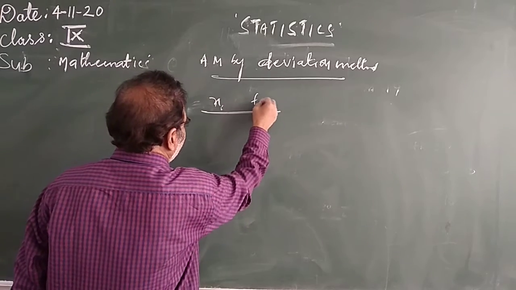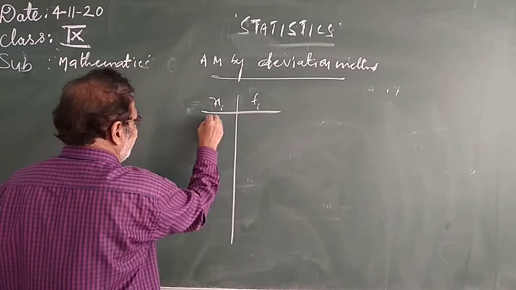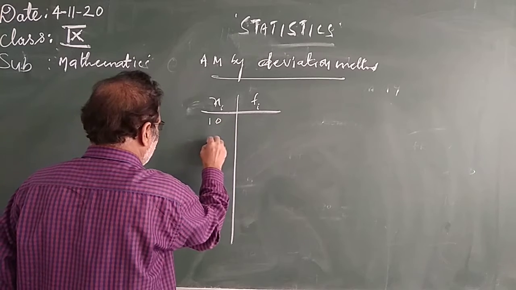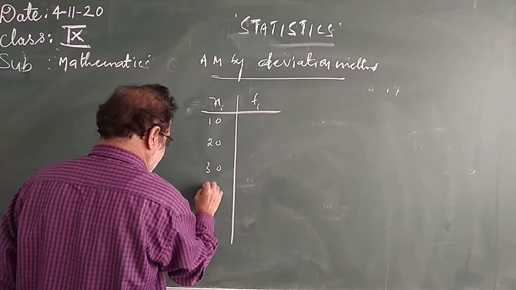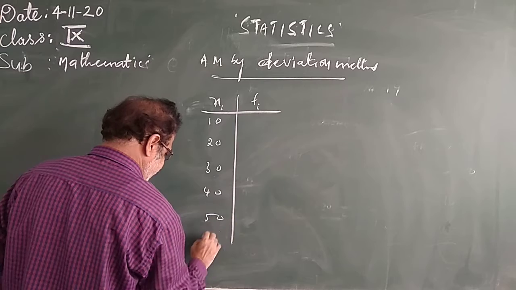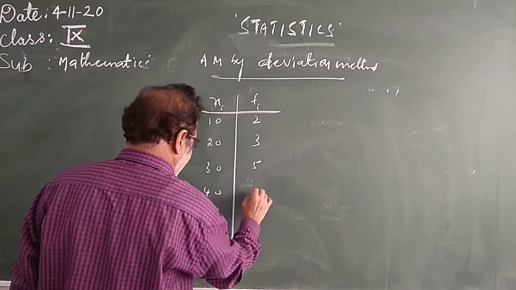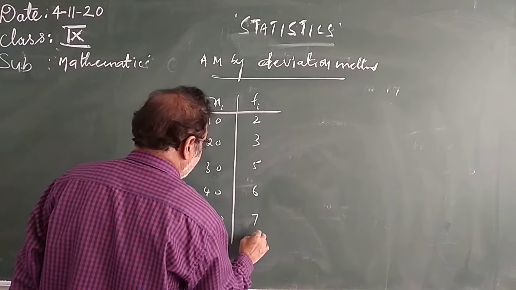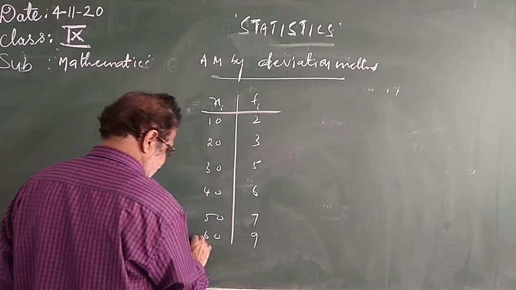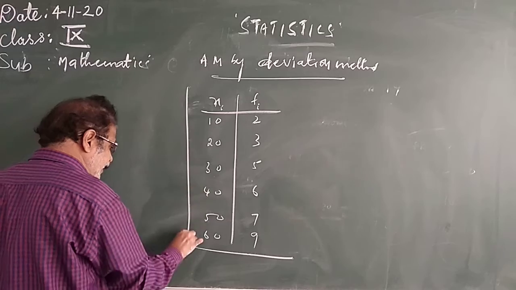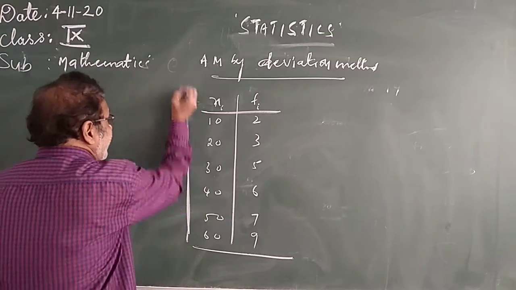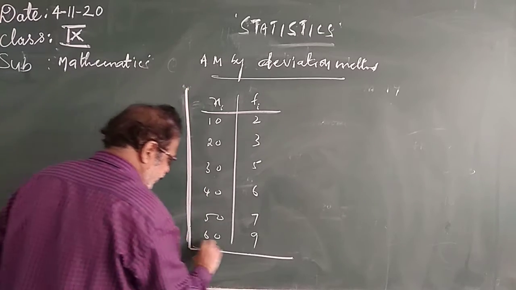This is xi, fi. The observations are 10, 20, 30, 40, 50, 60. Frequencies are 2, 3, 5, 6, 7, 9. This is given. How to find the arithmetic mean by deviation method?